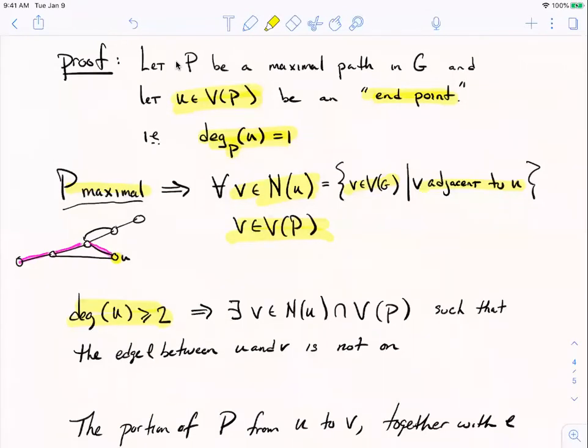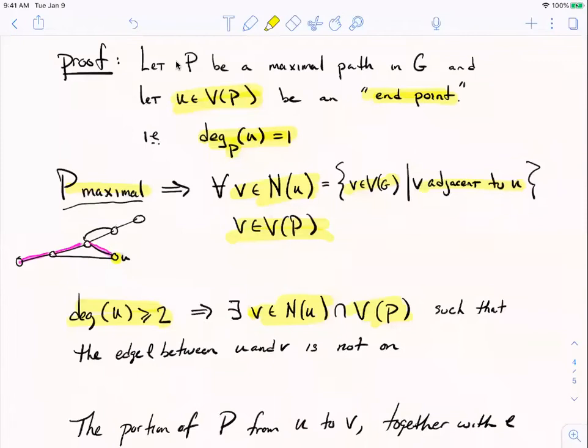There has to be a non-pink edge because the degree of U is at least 2. And we've said that along that non-pink edge, the other vertex is in the neighborhood of U, and we've said everything in the neighborhood of U is on this path. So there has to be such a vertex, yeah.